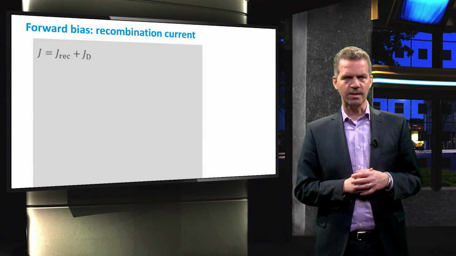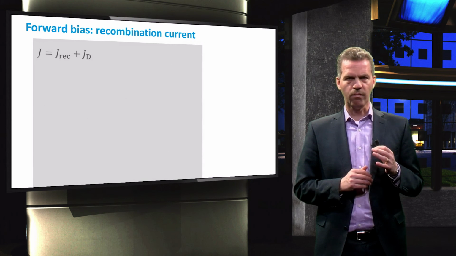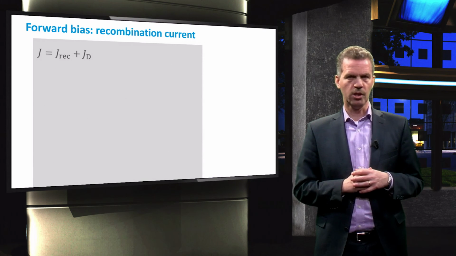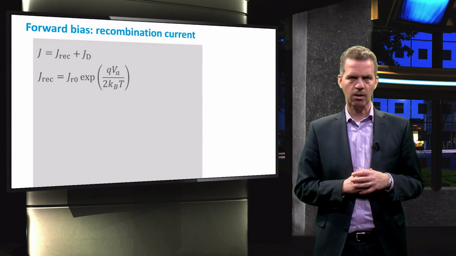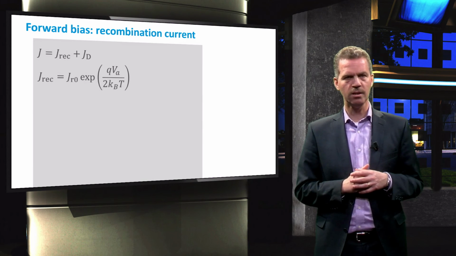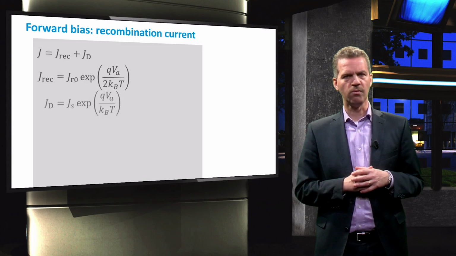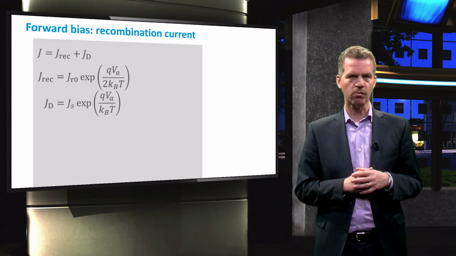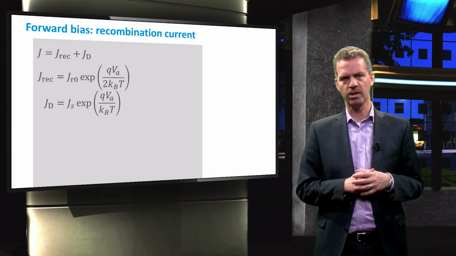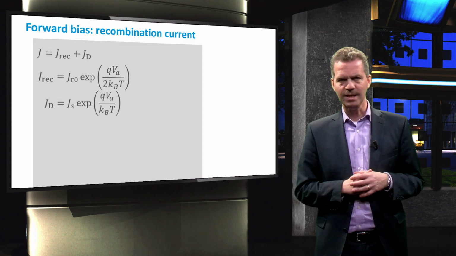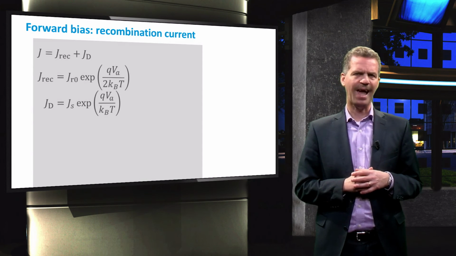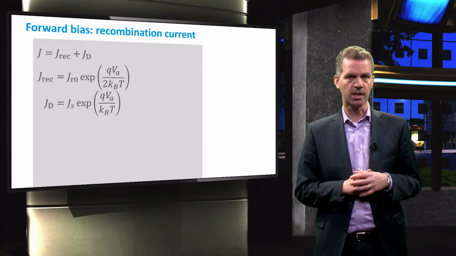The total current density is thus built up out of two terms. We just derived the recombination current density given by this relation. The diffusion current density is given by this relation, which has a similar expression. We can see that both current densities depend exponentially on the applied voltage.